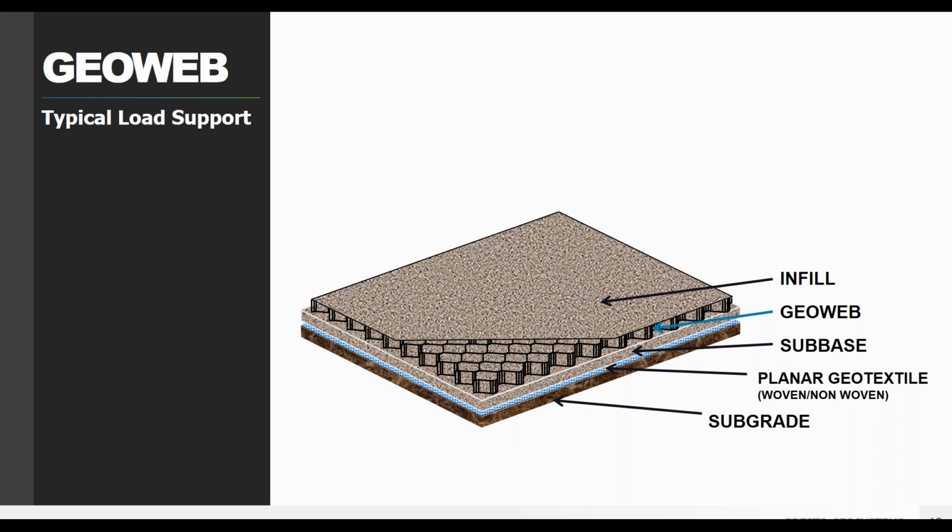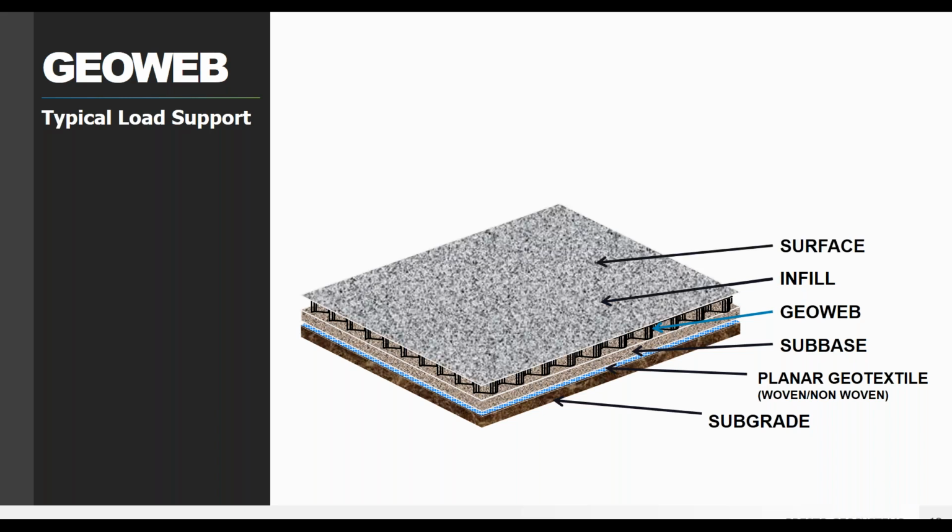And then also if you are going to put a paved surface on top of this, so if you're going to put an asphalt layer down, this is going to help provide a nice level, smooth surface for that paved surface. And so then it's just really important to realize that all of these components do work together, and you're not going to need every single one of them for every project. You might not need the base layer, you might not need the geosynthetic layer. If you're not paving the surface, obviously you don't need that. So just something to keep in mind, once you apply your load, this is how the whole system works together.